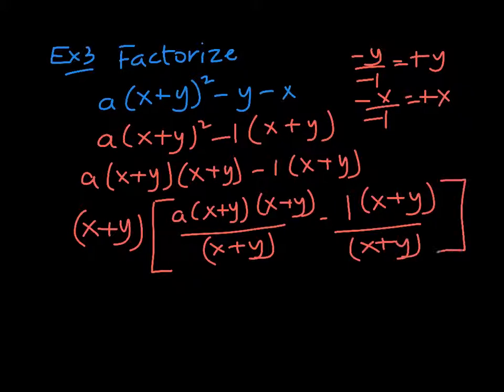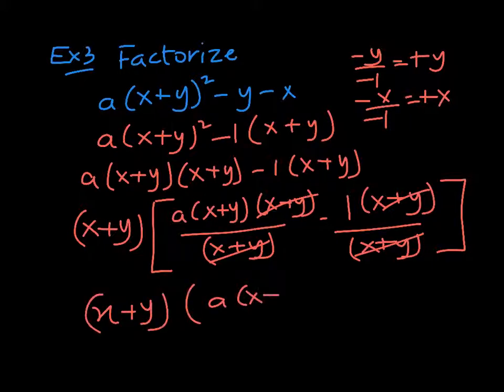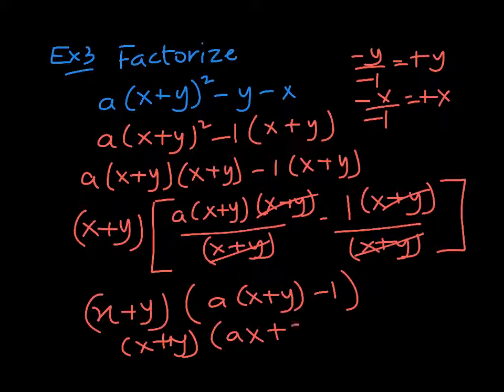Okay, so we cancel out the x plus y's, and so what do we have left? x plus y into a into x plus y minus 1, okay, which we can write as x plus y into ax plus ay minus 1.